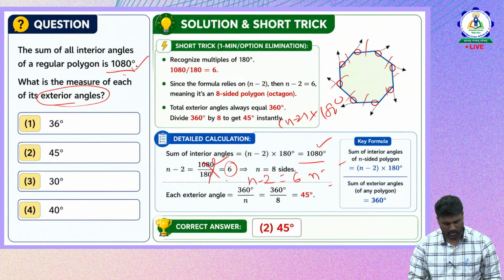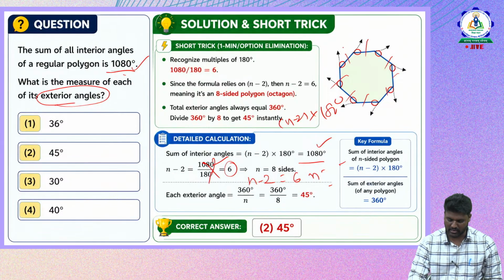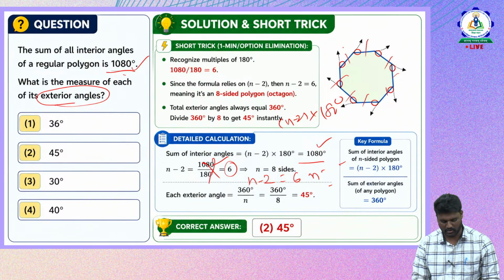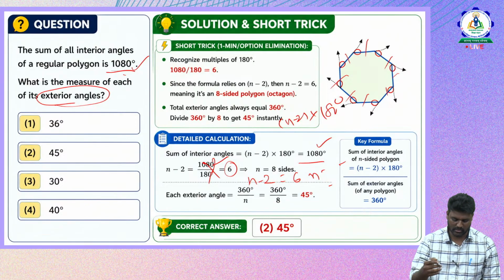Now we have to find the exterior angle of this octagon. They gave the sum of the interior angles, and from that we identified the number of sides n. Now for that polygon we need to identify the exterior angle.